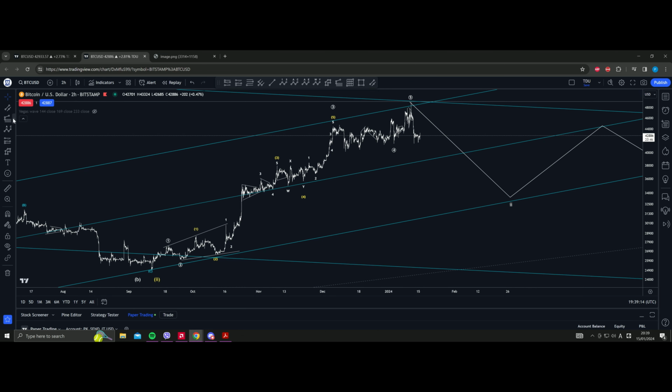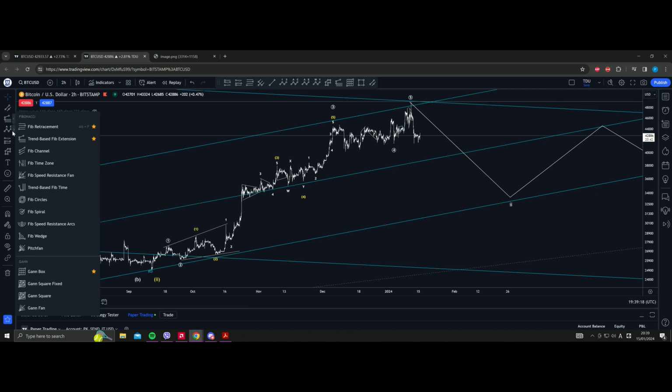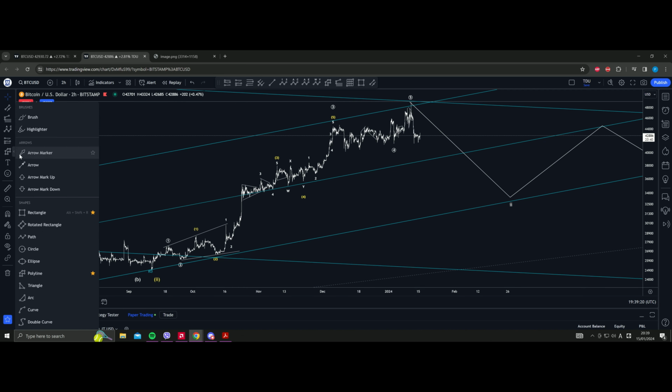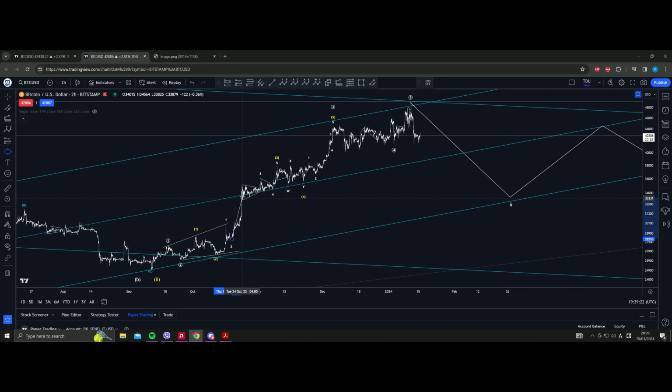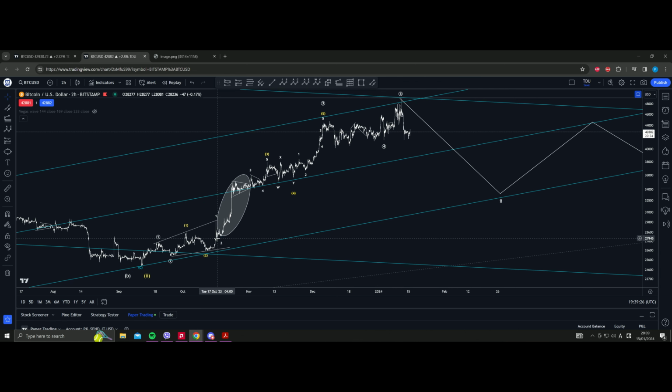And if you take a look, you're going to see that, just a moment, even here there is an impulsive wave. So 1, 2, 3, triangle 4 and 5, and that would be this wave from 2 to 3.